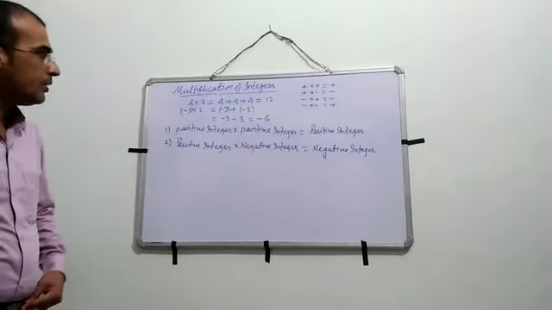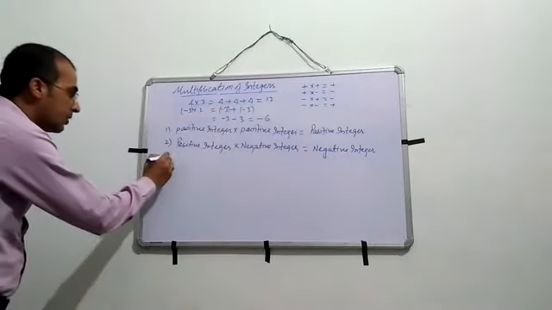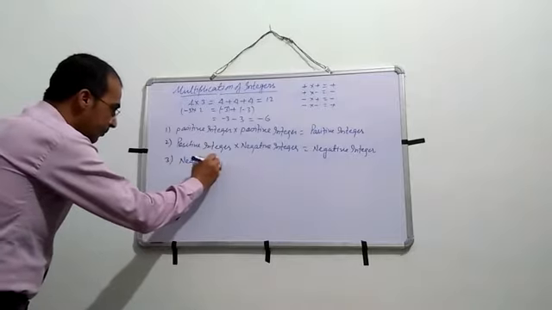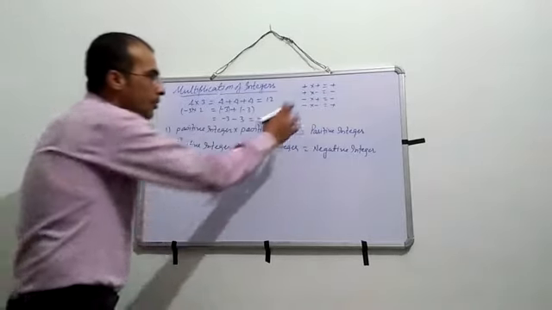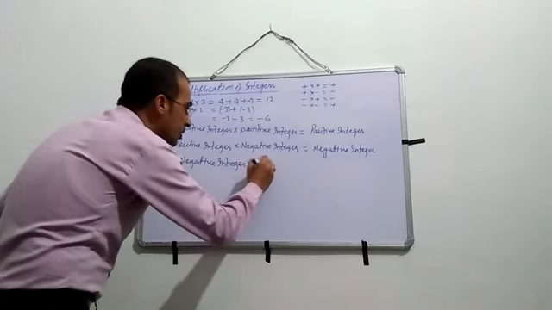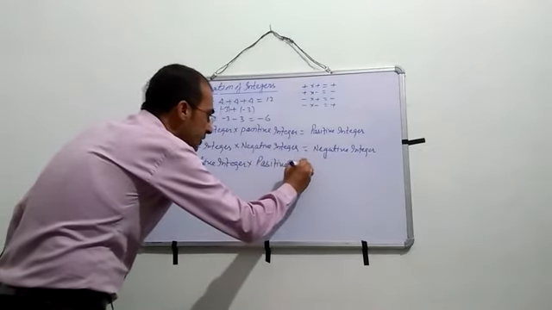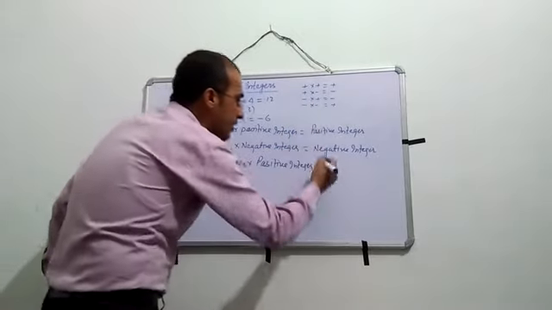Third case, a negative integer with a positive integer. What will you get? Always a negative integer.